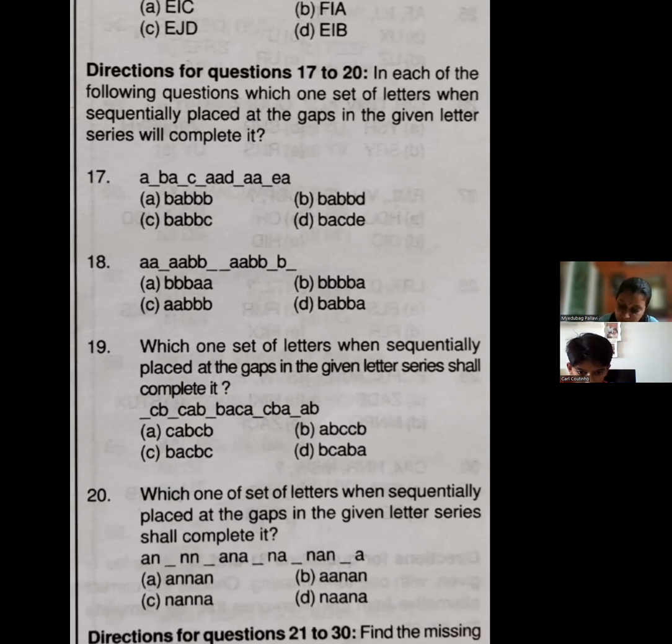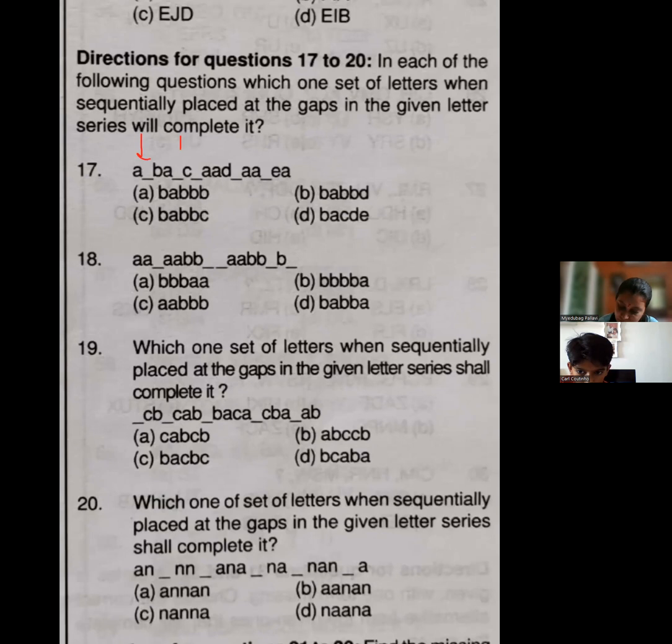We'll look at these blanks, 1, 2, 3, 4, and 5. We have 5 blanks. We can try by putting in each of these options. For example, first we'll try putting option A, whether it is forming any pattern or not. Then we can check B, then C, then D. Whichever pattern we find most suitable will be the answer.